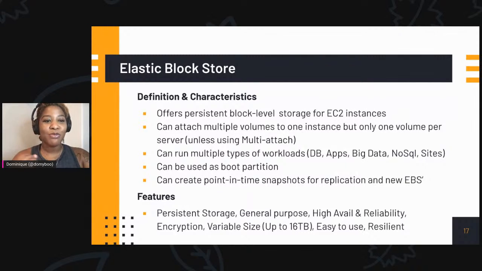So you can attach multiple block storage to a virtual machine, but you can only do it per server, unless you're using what's called multi-attach. Multi-attach is a separate feature that allows you to attach a storage volume to multiple virtual machines. But I think you have to contact AWS for that, so I don't think they would put that on the test, but it's good to know just in case.